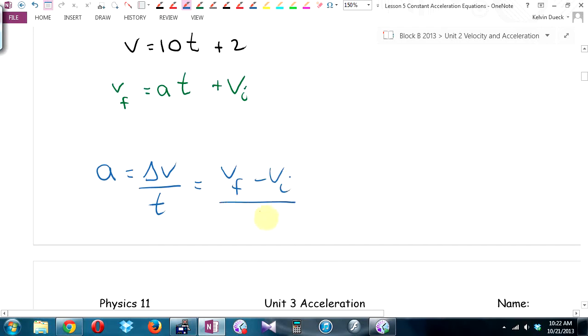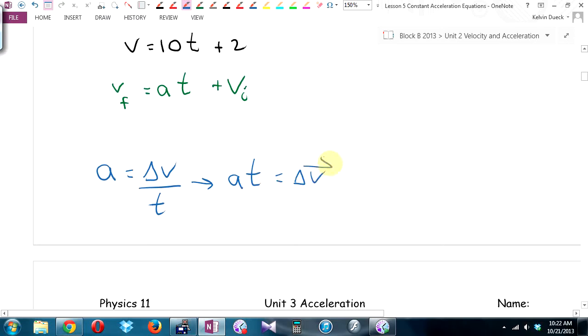Yes? Except before I write that, I'm going to get the change in V by itself. What's the letter T doing to that V mathematically? Adding, subtracting, multiplying, or dividing? How would I move that T over to the other side then? That equation is the same as that equation.